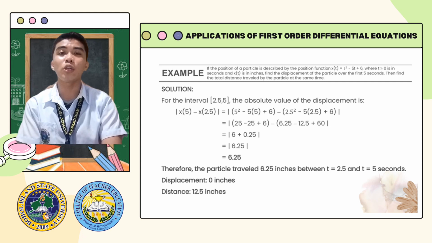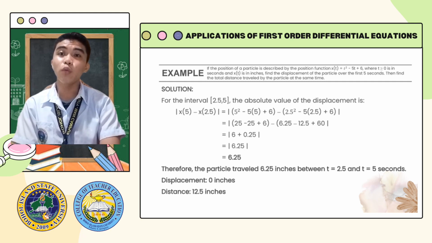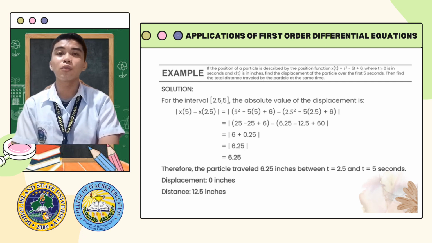Simplifying, we get the absolute value of the quantity 25 minus 25 plus 6, minus the quantity 6.25 minus 12.5 plus 6. Now simplify: we get the absolute value of 6 plus 0.25, then add, so we get the absolute value of 6.25.